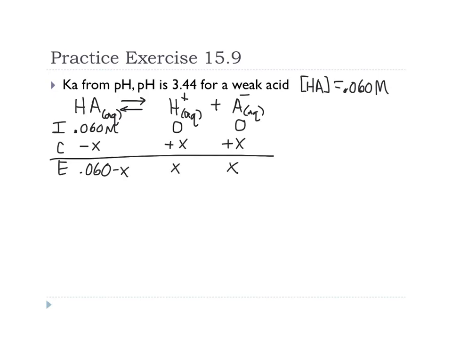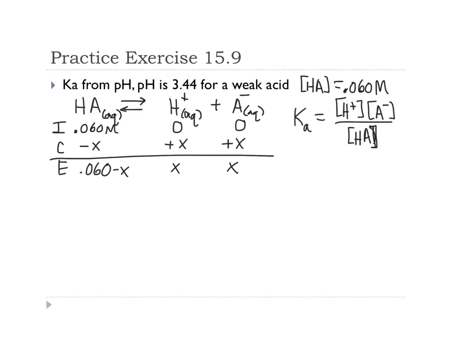But we have an issue if we try to do this, because if we write the Ka expression like so, we don't know the Ka, and we only know these in terms of x. So that's not going to work this time.